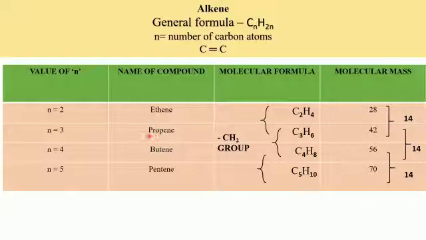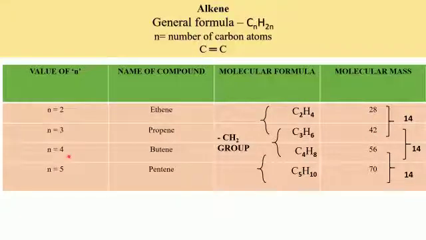So we will use the root word here, or the parent alkane, prop. But because it is unsaturated with a double bond, we will change it to ene. Instead of ane, we will write ene. So the name of the compound will be propene. Molecular mass is 42.